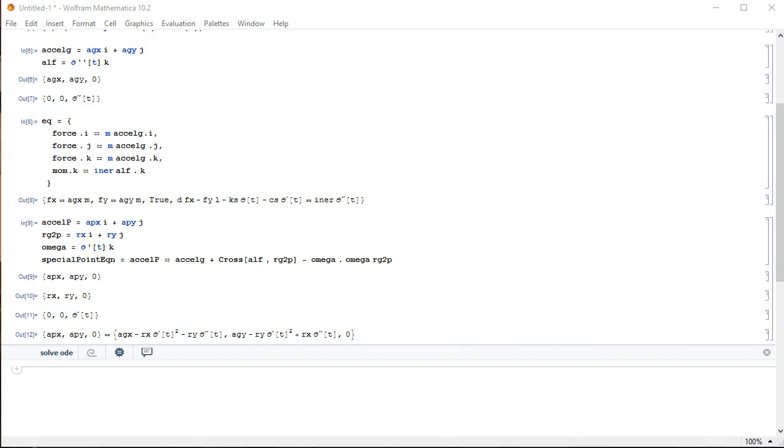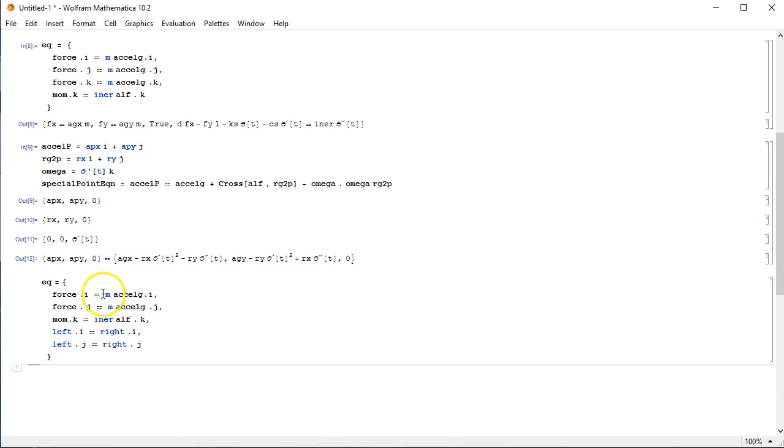Okay, so here's one of the easiest ways to do it, since I have this equation called the special point equation. I'm going to pull them off. So here I'm going to say forces in the X are equal to mass times acceleration in the X. Force in the Y equals mass times acceleration in the Y. The moment equation equals I alpha, right?